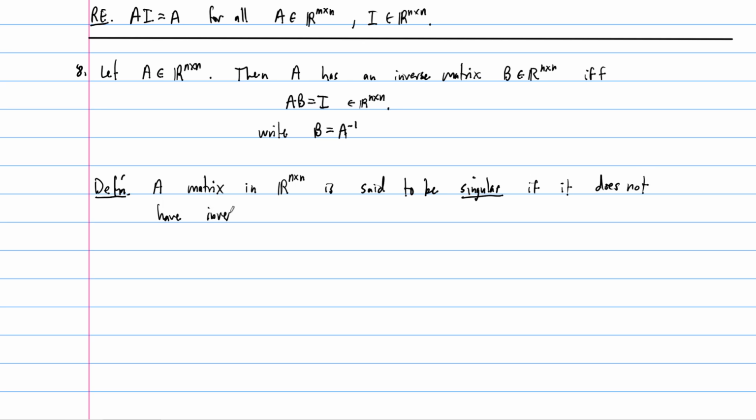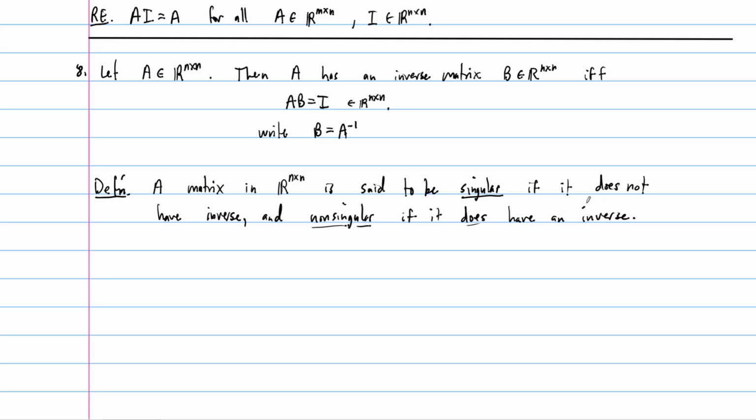So if there's no inverse, the matrix is singular. And it's said to be non-singular if it does have an inverse. So non-singular means that it does have an inverse. And it's going to be one or the other, right? It either has an inverse or it doesn't.